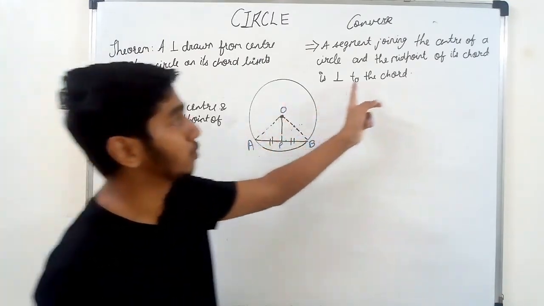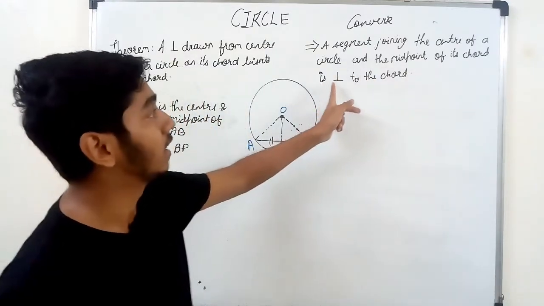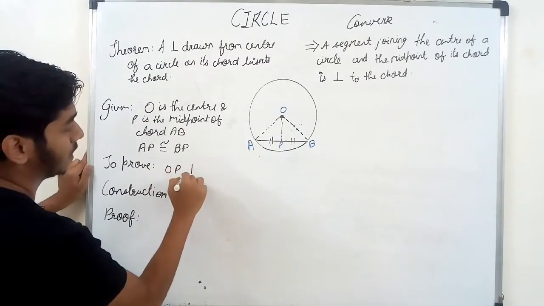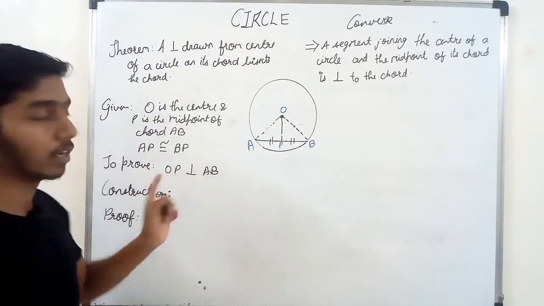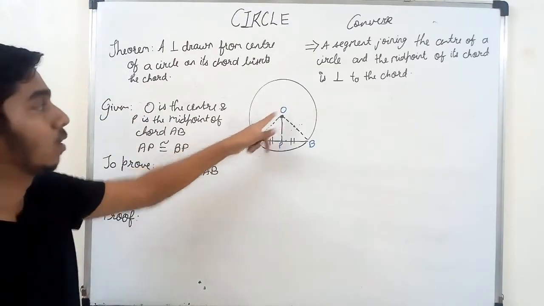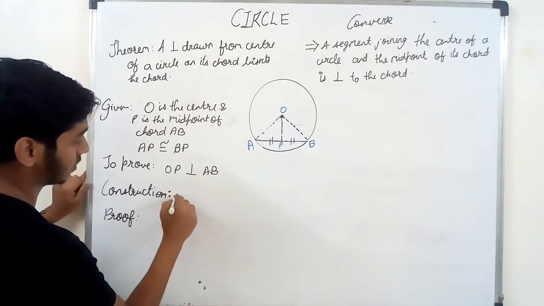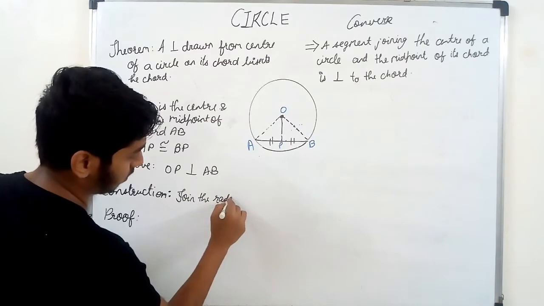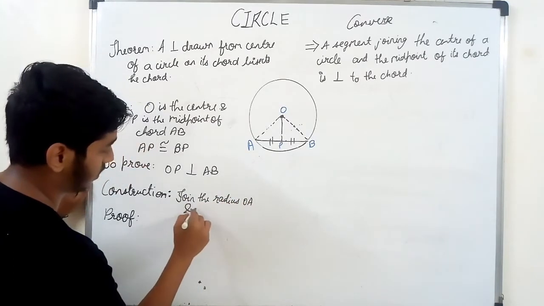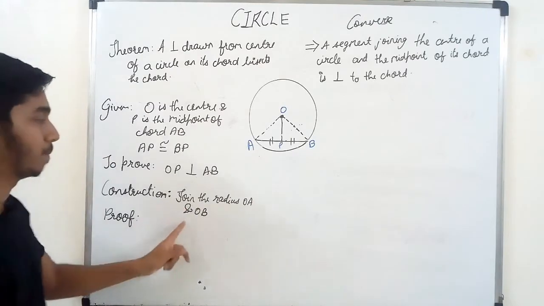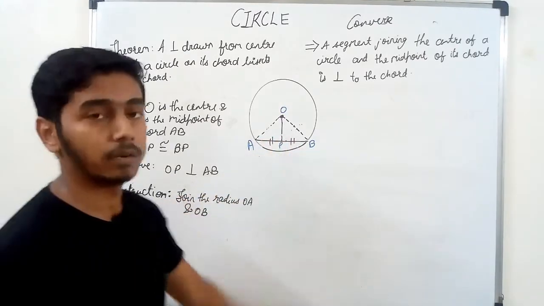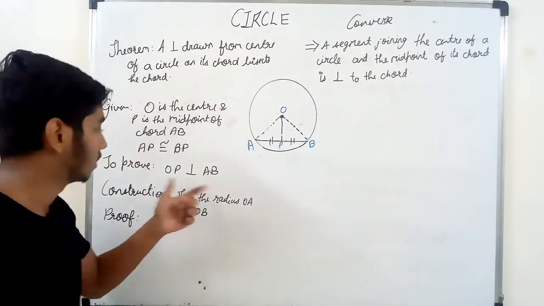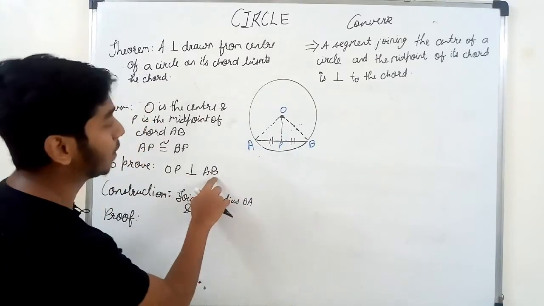Now what are we supposed to prove? That OP should be perpendicular to AB. We need to prove. So we are constructing OA and OB, which is the radius. So join the radius OA and OB. We are doing that construction here. It's already done. Now we need to prove that OP is perpendicular to AB.